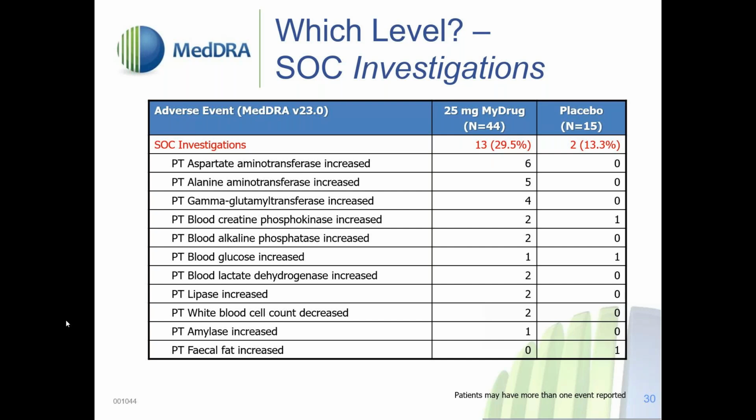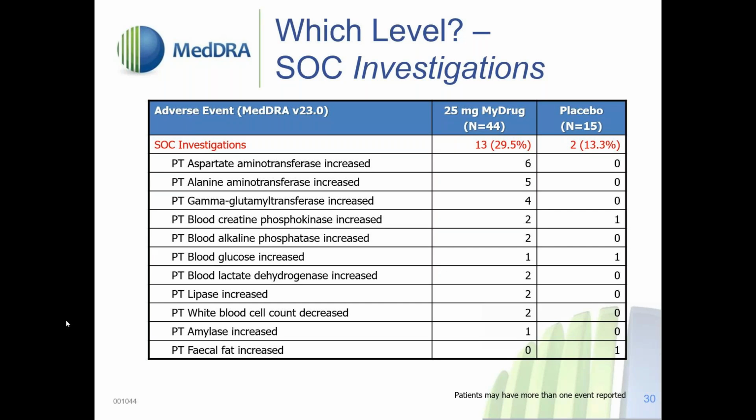Now we would like to understand whether our drug has a problem. And yes, it seems that we should look into the data, because 13 patients compared to 2 patients had findings in SOC investigations. But then how do we now find out what the problem is?